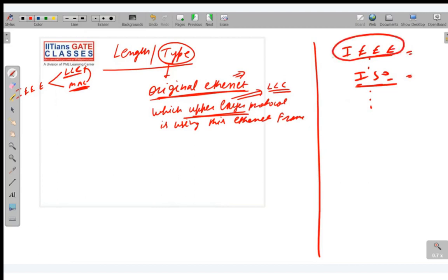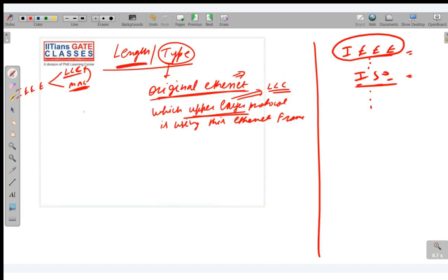So when IEEE certified Ethernet, they made some changes. That is just human nature, some ego problem. Whenever any authority standardizes a protocol, they will not keep it as it is; they change a few basic things. So IEEE changed the type field to a length field.